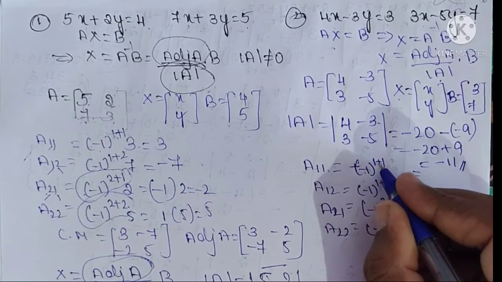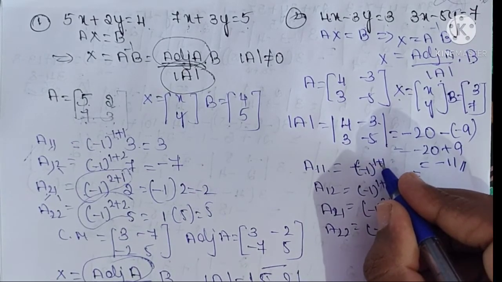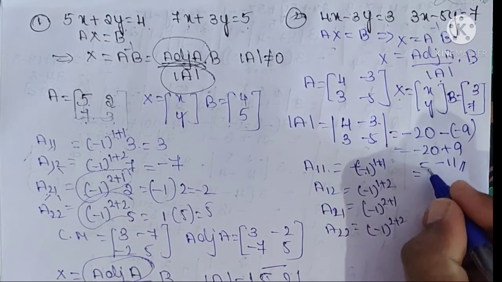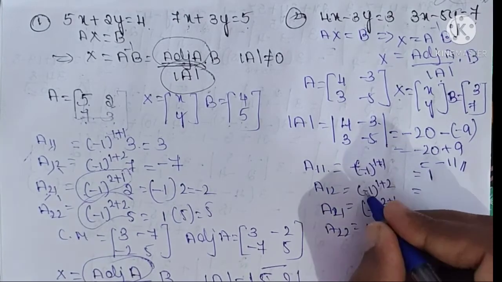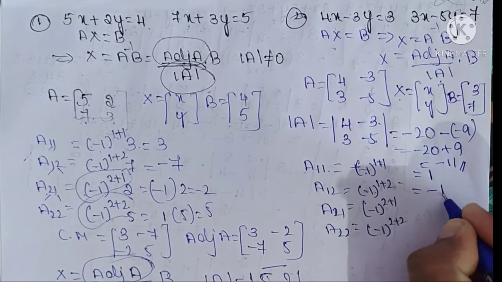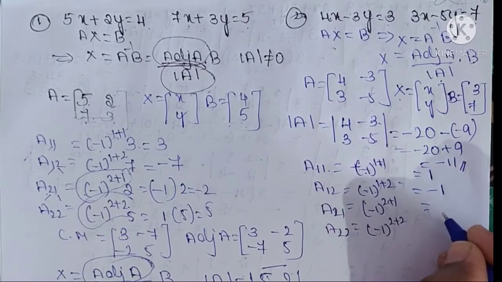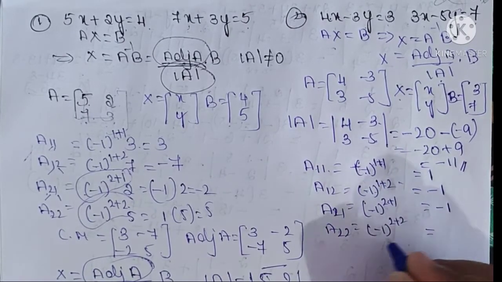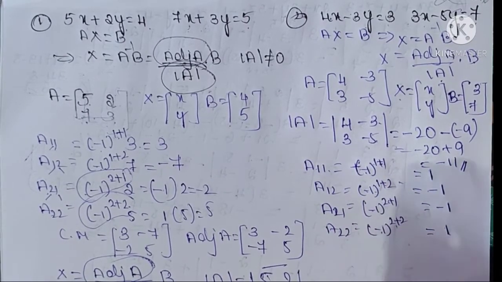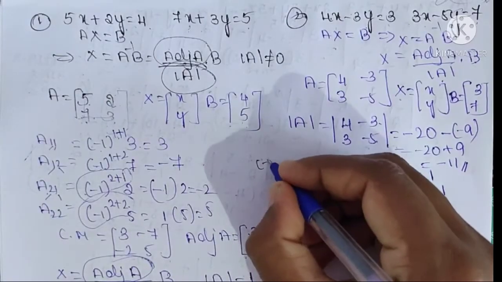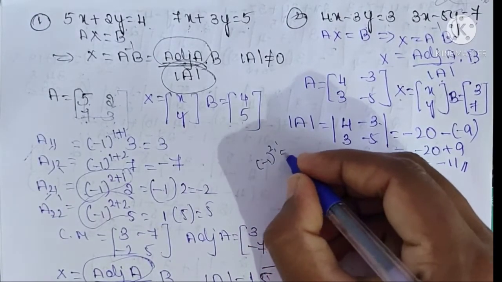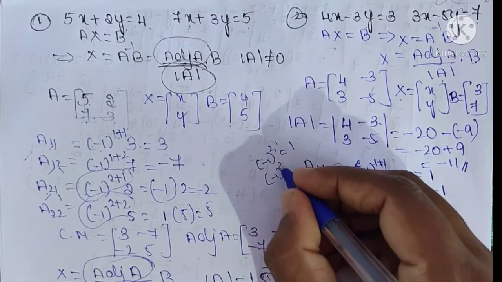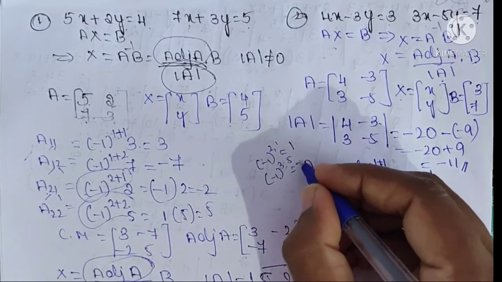Minus 1 to the power of 2 is plus 1, to the power of 3 is minus 1, to the power of 4 is plus 1. Minus 1 to the power of even numbers is plus 1, and to odd powers is minus 1.